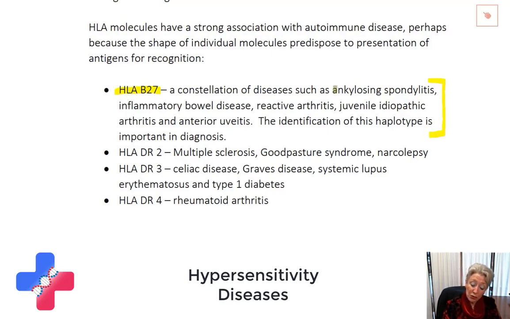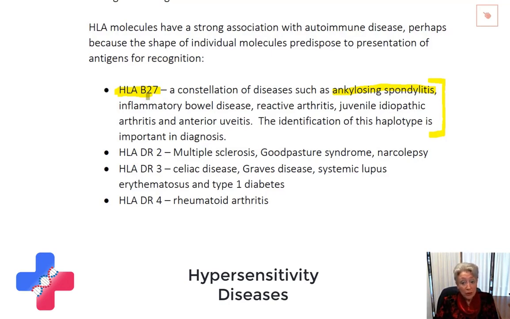Okay? It's true, in fact, that in the case of ankylosing spondylitis, the identification of B27 is indeed involved in the diagnosis. So that is one exception to the normal rule.